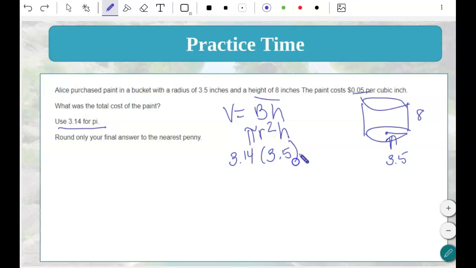We have to square that and then multiply by the height of 8. Use your calculator. 3.5 squared gives us 12.25. Then we're going to multiply these numbers together: 3.14 times 12.25 times 8. Go ahead and use your calculator and multiply those out.